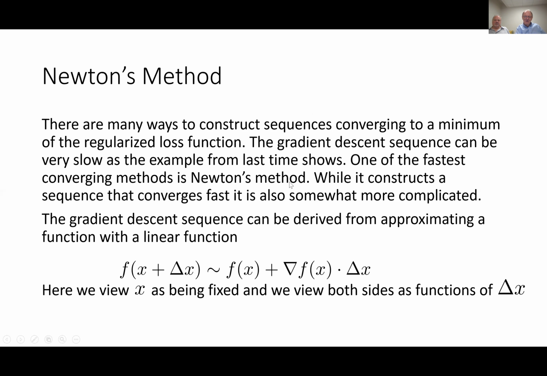I'm not going to go through all the math here because it's a little complicated, but you'll have to look at the notes. The idea of Newton's method is, instead of just using first order data, namely the first order derivatives of the function, as in gradient descent, if you use second order, you get another method called Newton's method, which converges very, very fast.